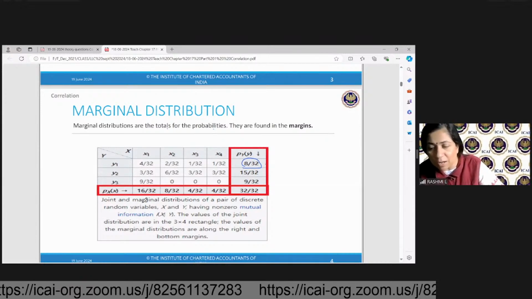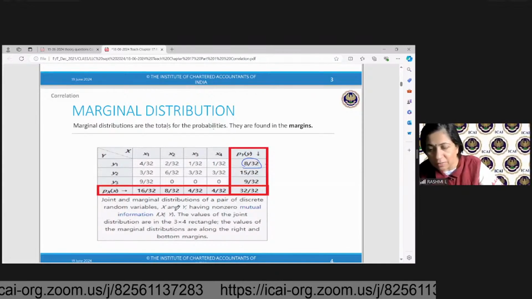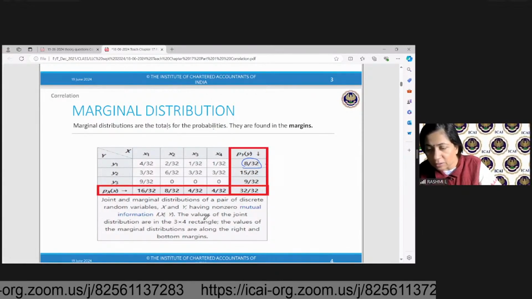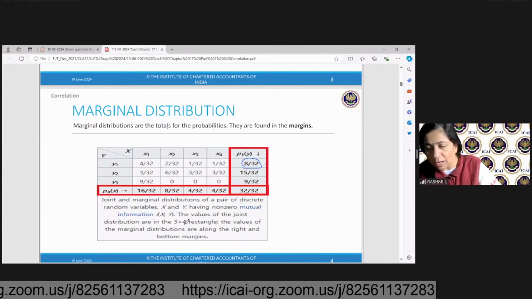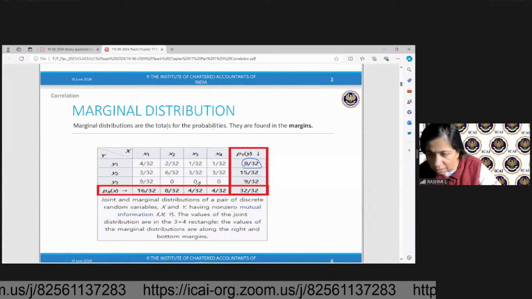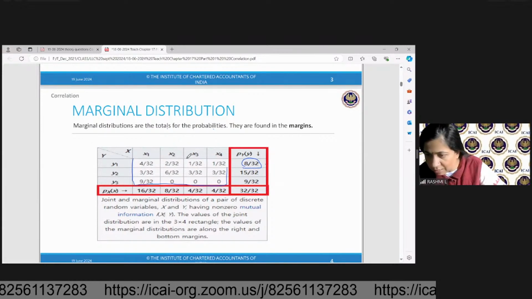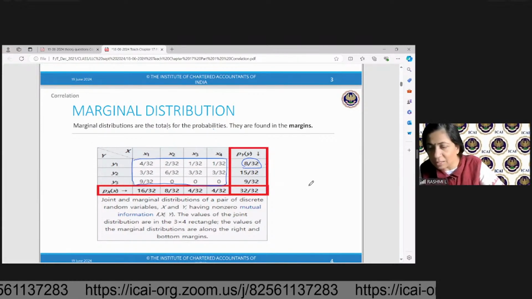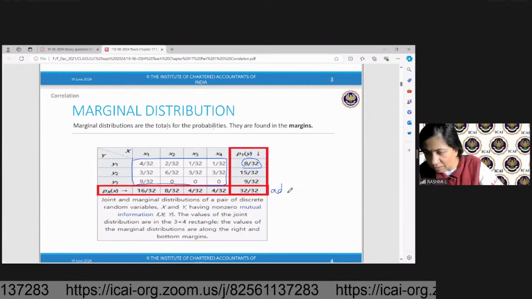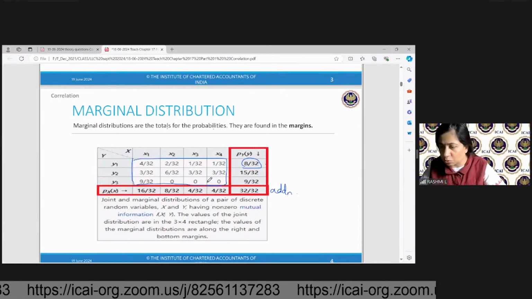So joint and marginal distributions of a pair of discrete random variables x and y, the values of the joint distribution are in the 3 by 4 rectangle. Okay, so this has all the information. This is the actual information and this is the additions. Okay, and this is known as the marginal distribution.